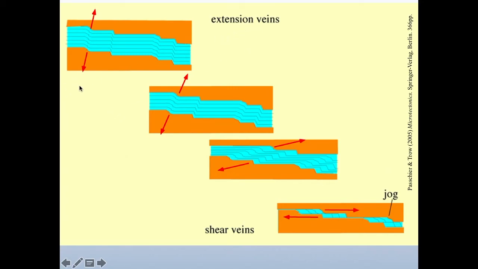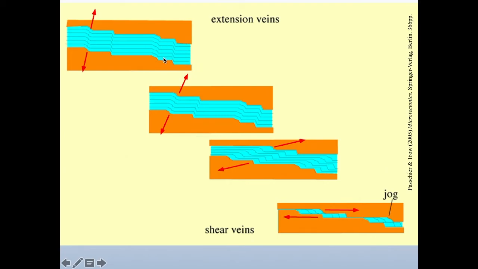In this case, the fracture is filled with some material, and often there'll be a crack, and it will fill in, and then it'll re-crack. So here we've got probably 1, 2, 3, 4, 5, 6 episodes of cracking.